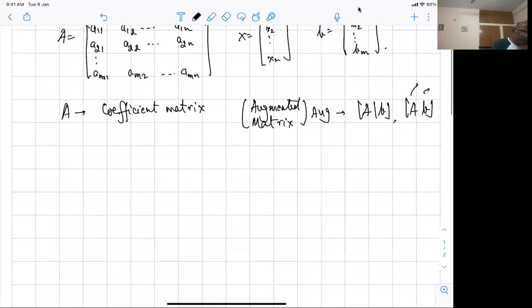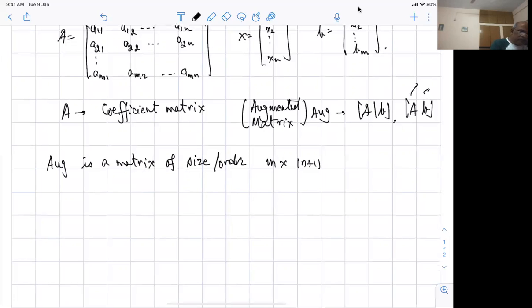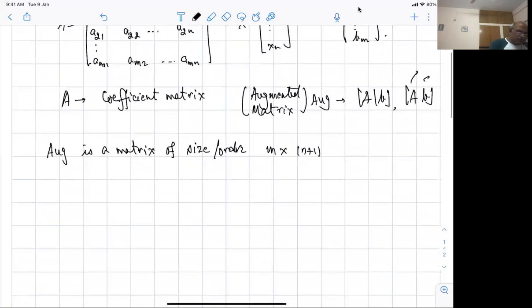The important thing to understand in the augmented matrix is that AUG is a matrix of order m × (n+1).